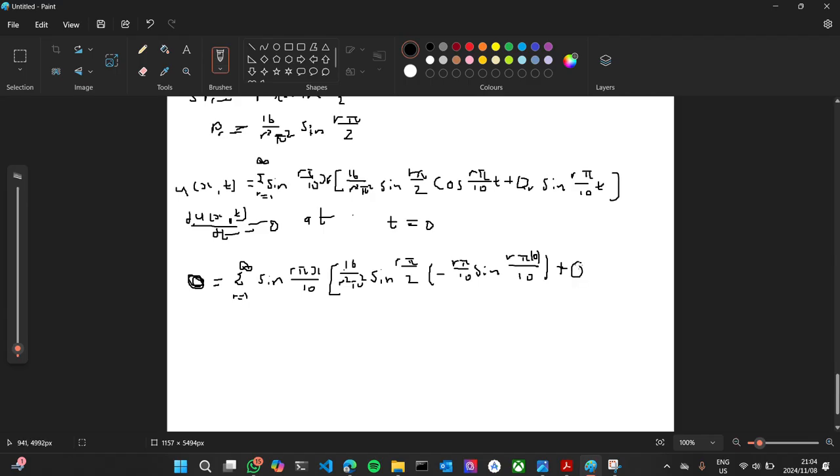So q of r is then multiplied by this differential. So r pi over 10 cosine r pi.